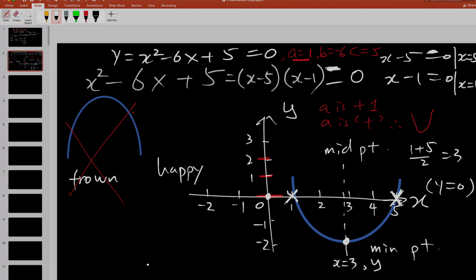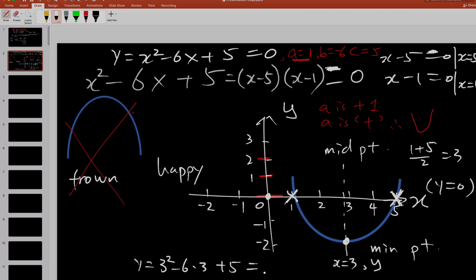So you sub it in, you get 3 squared minus 6 times 3 plus 5. Can you help me out? What's the answer? This is 9 minus 18 plus 5.